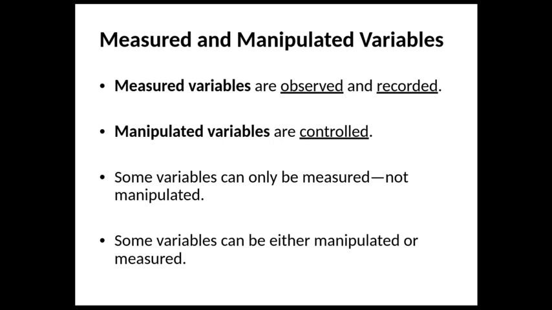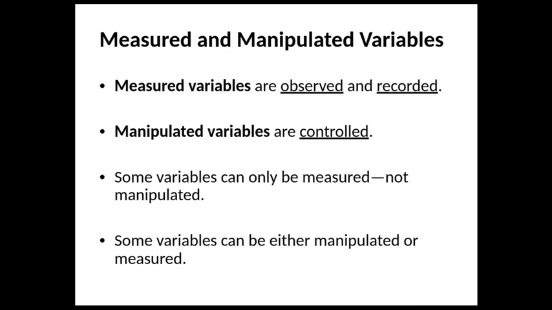We have measured variables in a frequency claim, at least one measured variable, whatever you're measuring. We have two measured variables in a correlation or an association claim. The measured variable in a causal claim is what we know as the dependent variable. So anything that you're measuring and recording and observing is a measured variable.